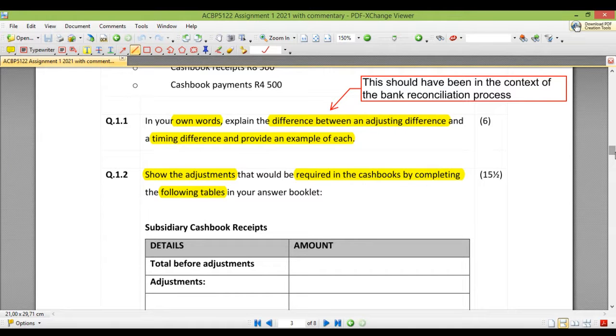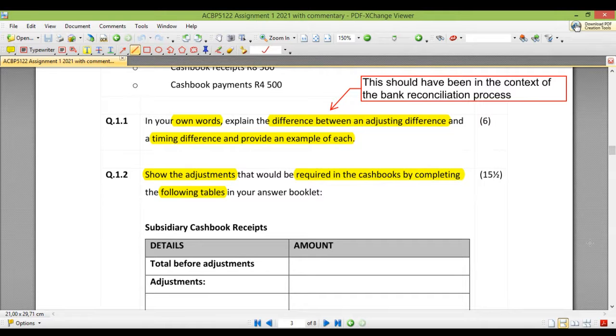So a lot of students got confused and they were explaining any type of difference rather than what we were busy with. So they lost 6 marks because they did not actually apply it to the question and the information in the question.